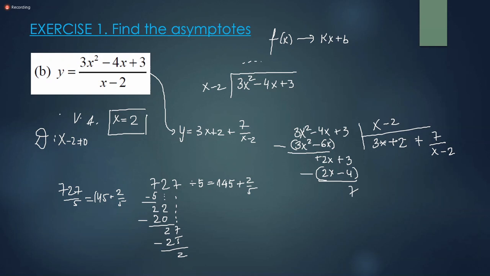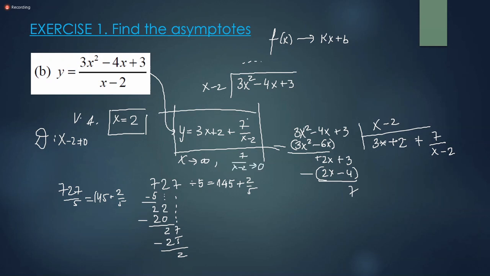Now for our original task. If the function is now transformed to this form, it's still the same function. It's simply rearranged. So when x tends to infinity, see what happens? When x tends to infinity, 7 over x minus 2 tends to 0.